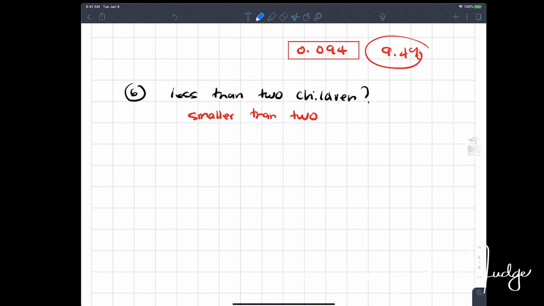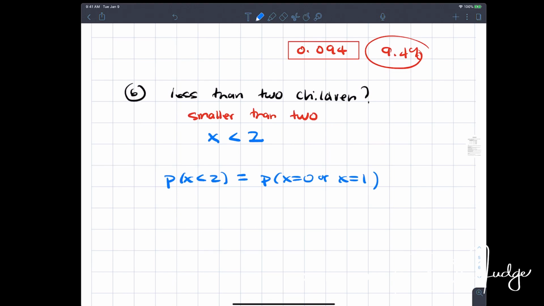Or you can go back to algebra, beginning algebra. Less than 2, we have x less than 2. The number of children is less than 2. We do not include 2. So the probability of having less than 2 children, don't include 2. You can have 0 children, again, by definition, or 1 child, strictly less than what? 2.